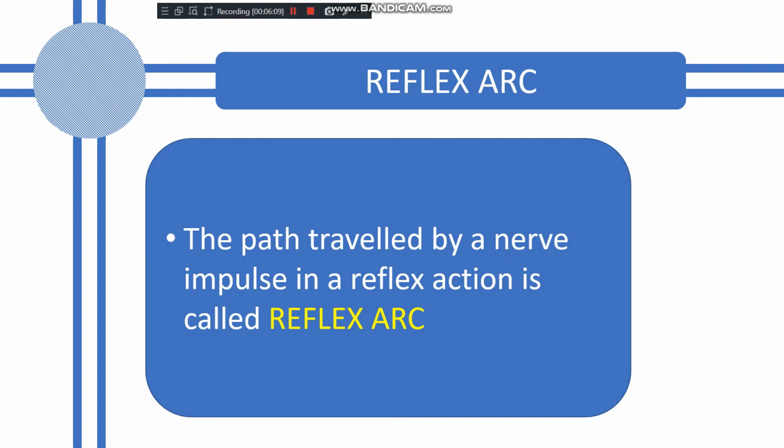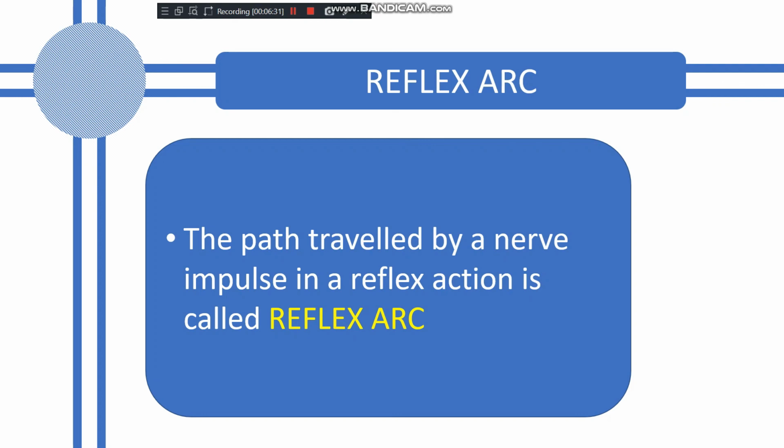So students, have you understood the topic reflex action and reflex arc? Reflex action means the sudden or spontaneous response to any stimulus. And the reflex arc is the path traveled by a nerve impulse in a reflex action.